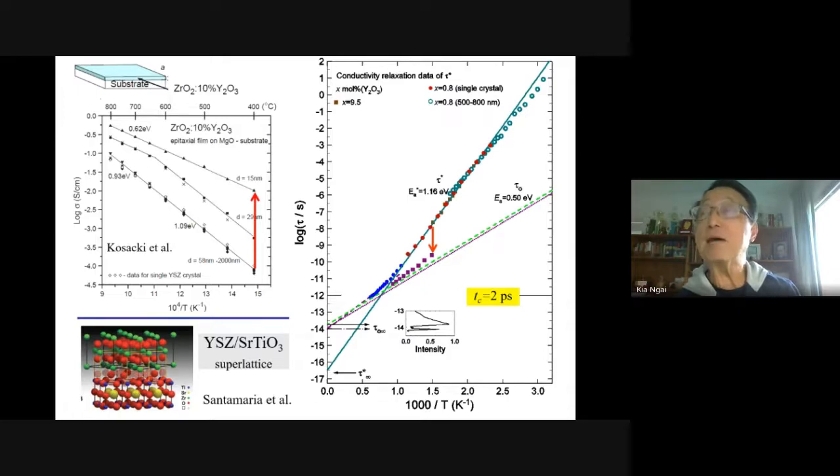But look at the tau zero calculated, bam, it hits 10 to the minus 14. And the 10 to the minus 14, you go to the inset on the right, is exactly what is measured in the oxygen vibrational spectrum. So it's really verified that the tau zero is the truth. It's not the 10 to the minus 17, but exactly the one you measure using spectroscopy, I find.